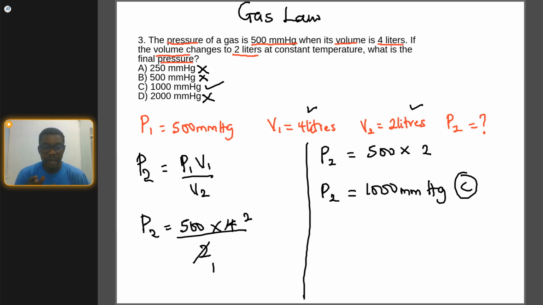Now we're going to take another question. We are still under solving questions on gas law. Let's consider the next question under gas law.